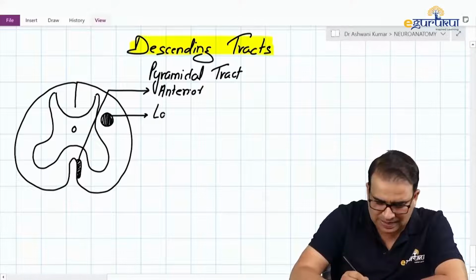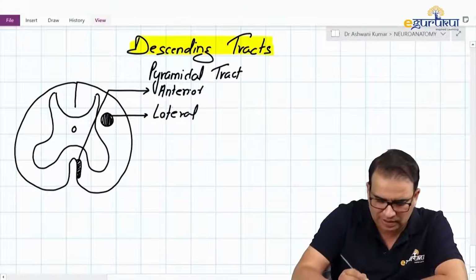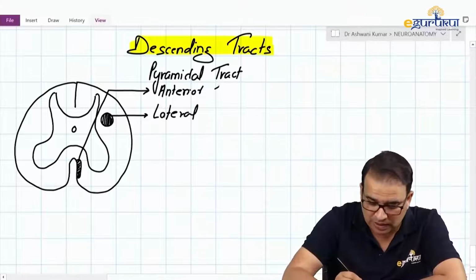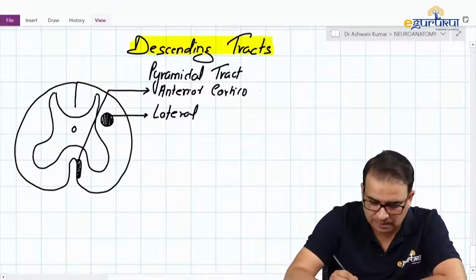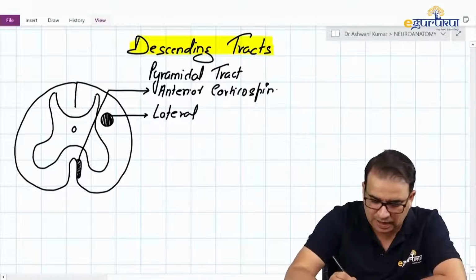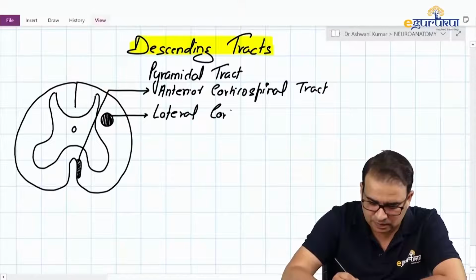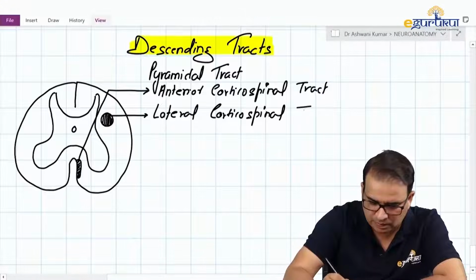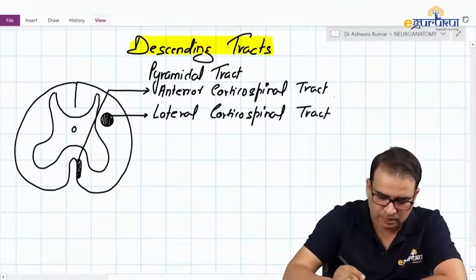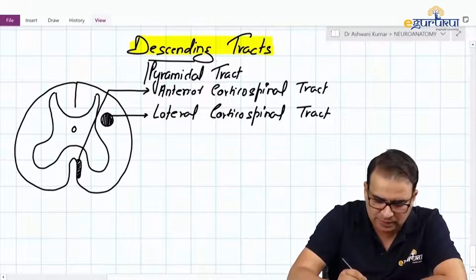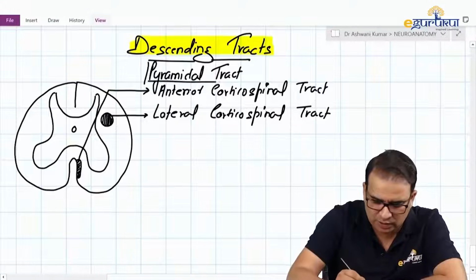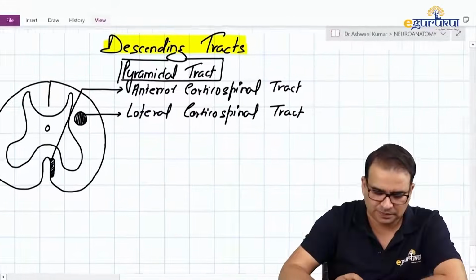And this is placed laterally, so let's call it lateral. Anterior and lateral corticospinal tract. So these are the two components of the pyramidal tract. One is anterior corticospinal and one is lateral corticospinal.